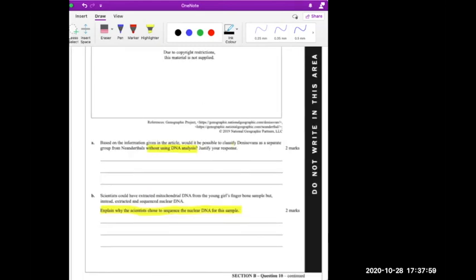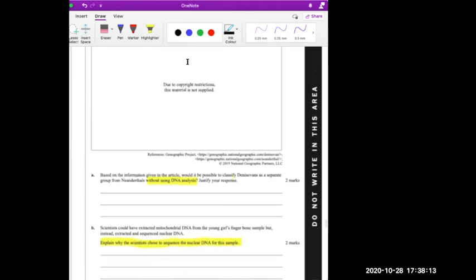I would just say, what the answer says is that it would not be possible to classify the Denisovans as a separate group from the Neanderthals, as the fossil sample is too small. Obviously, we don't know what the fossil sample is because we can't see it. Another thing that they've mentioned is, as both groups are extinct, you're unable to determine if fertile offspring could be produced.